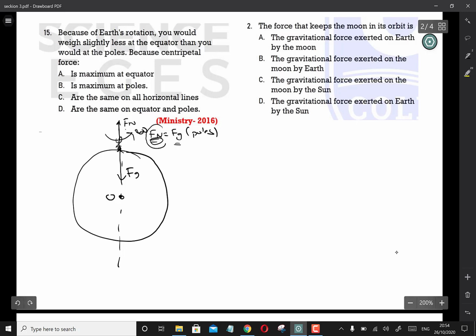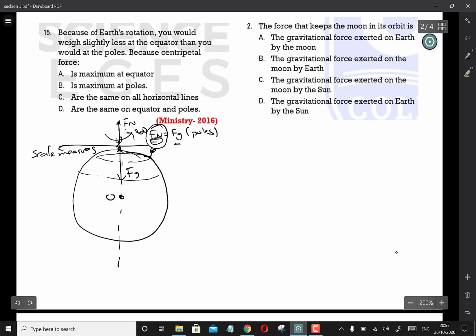Normally, the scale measures the action-reaction forces between your feet and the surface of the scale. Scale measures Fn.